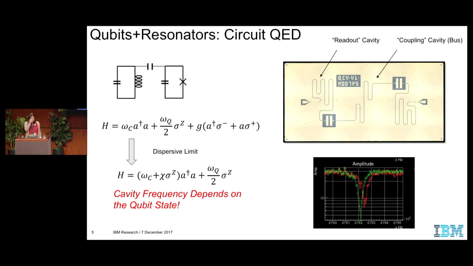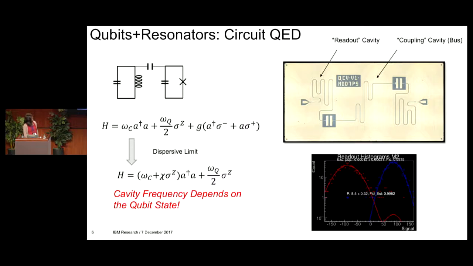This is how we probe the state of the qubit. Typically, we would have an amplifier attached to the readout resonator, and we can do a high-fidelity readout. Here's a histogram of the ground state and the excited state of the qubit. You can see that the states are very well separated, and you can get a readout fidelity from that.